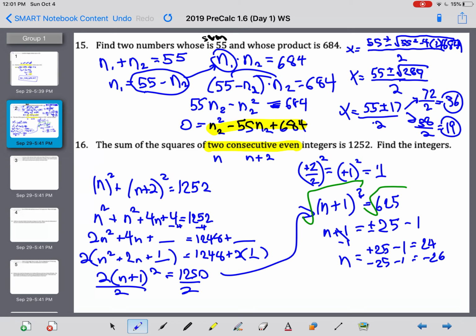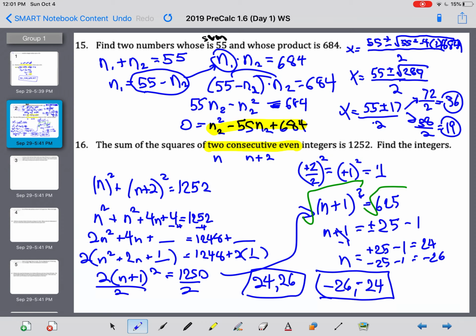So I have two possible answers. I can say 24 and 26, or I could say negative 26 and negative 24. So I have two sets of answers that would work here. They didn't say they had to be positive or negative, so we have two sets here.